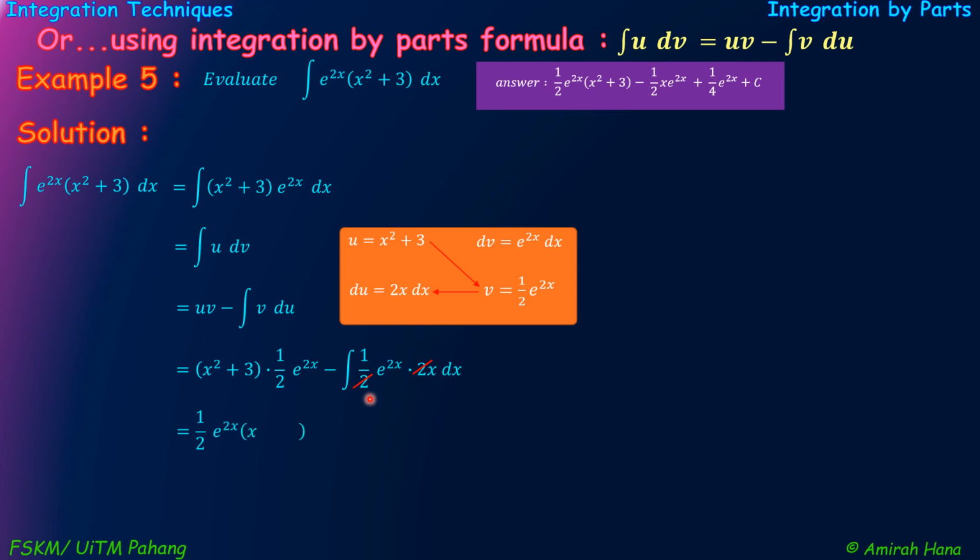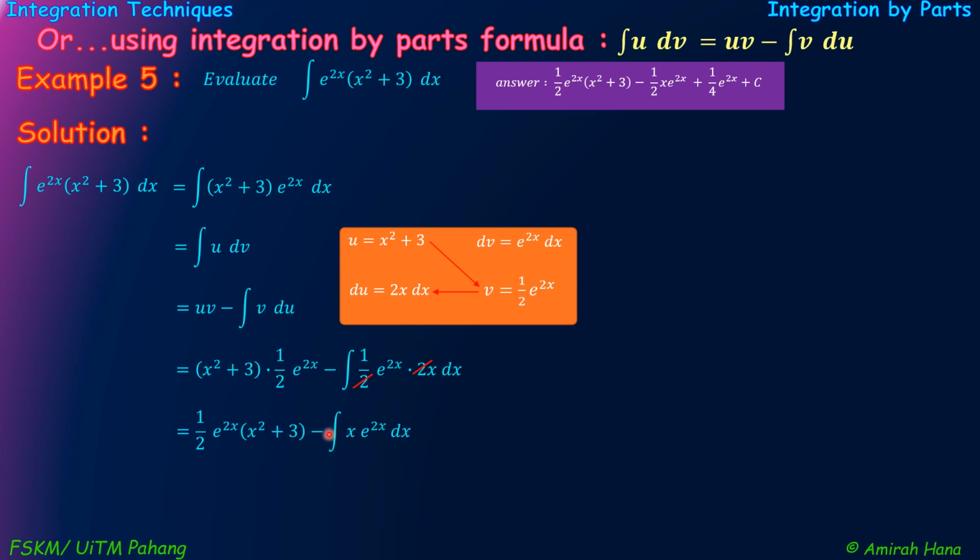We rearrange, and we have half e to x times x squared plus 3 minus integration of x e to x dx. The x here, we cannot move out from the integration sign because this is a variable. Remember, we can only move out a constant from the integration sign. Never move a variable out from the integration sign.